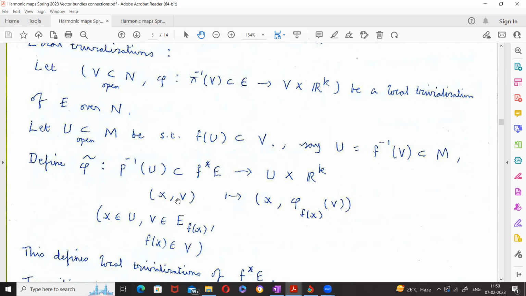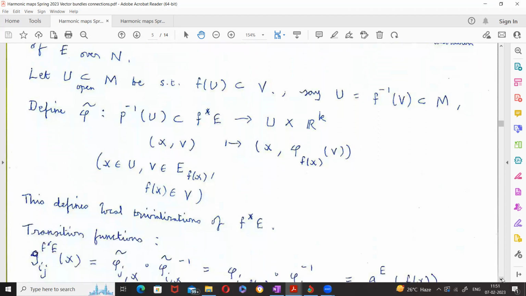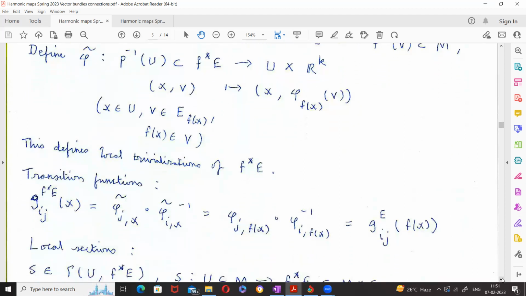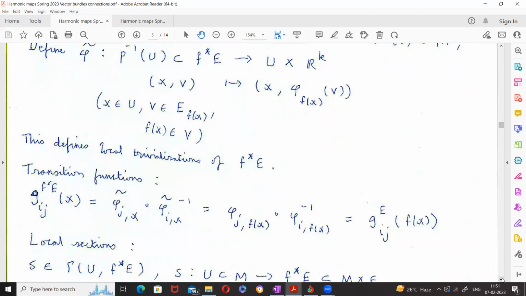Therefore, I can take the trivialization of E over N and apply it to the vector V, right? So I can look at this x comma v mapping to x comma phi sub fx applied to v. Is this clear? So this is going to map the fiber of f star e isomorphically to RK, right? Is this clear? Yes, sir. Okay, so this will be a local trivialization for the pullback bundle.